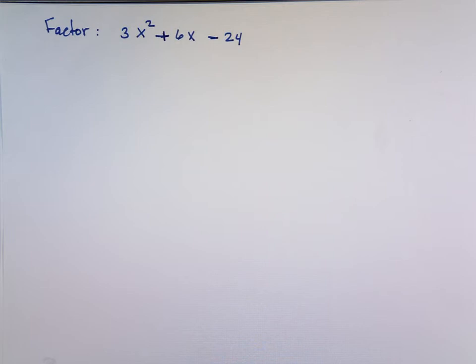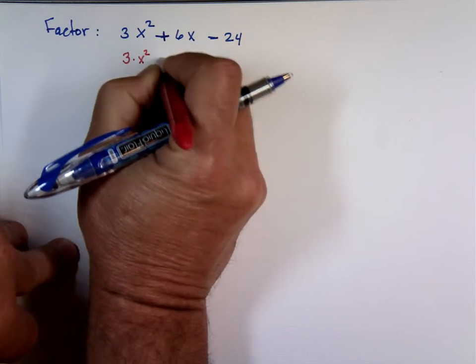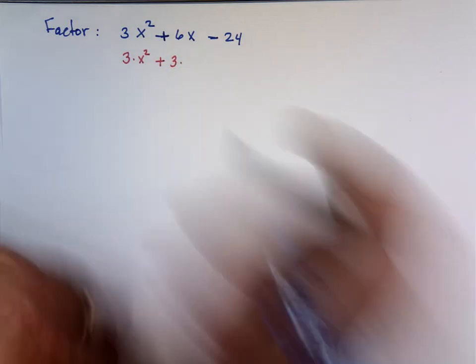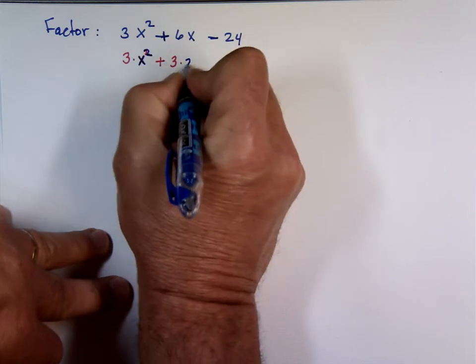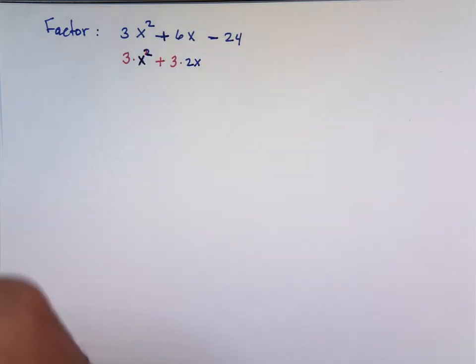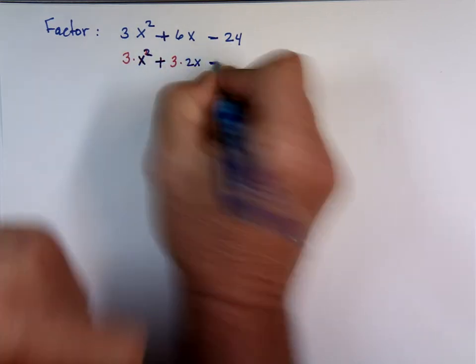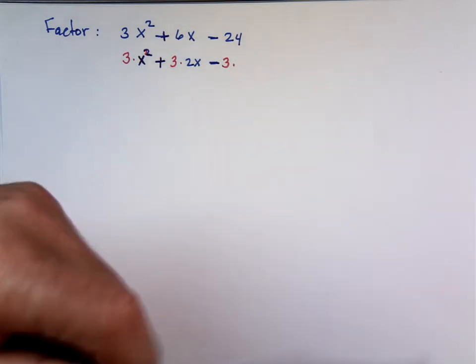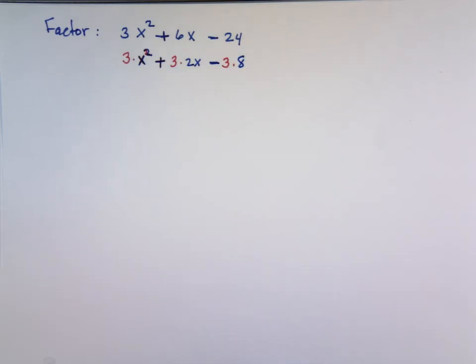Because you can write this 3 times x squared plus 3 times 2x, 3 times 2 is 6. The 24, I can write that as 3 times 8. So you can see they have a 3 as the greatest common factor.